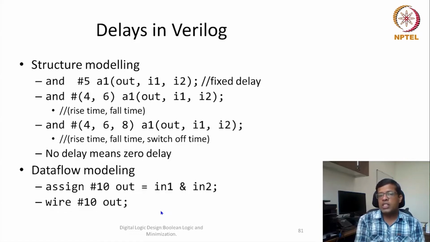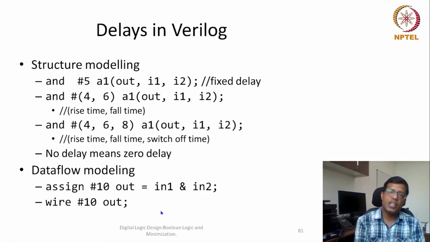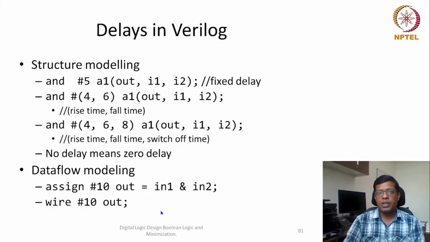If the distance is in terms of nanometers or hundreds of nanometers, then the delay of those wires could also be there. Because of that we also consider the propagation delay of wires, and that's why Verilog also models it. So this is how those delays can be modeled in Verilog, so that we can see the overall functionality in terms of delay for a particular circuit.